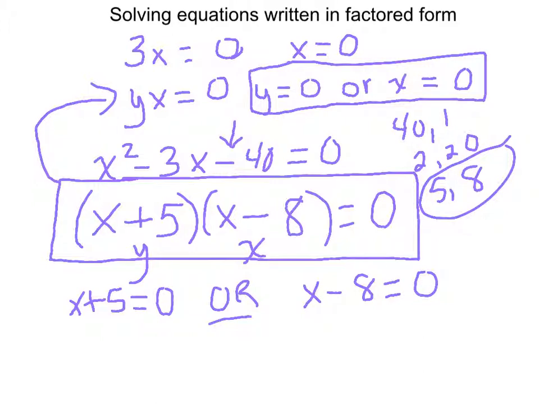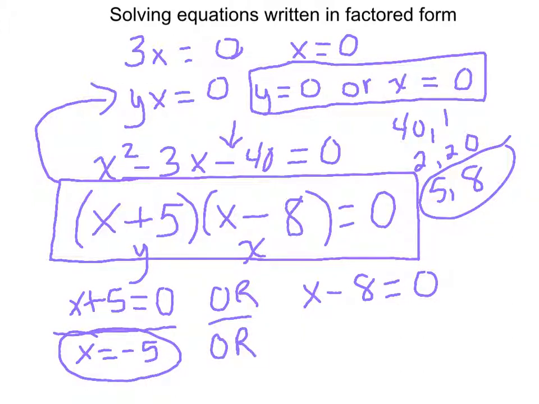So at this point we just say, alright, what values of x make this go to 0? Well, if x equals negative 5, that will be 0. So that's one of our answers. For this problem, what value of x will make this be 0? I'll add 8 to both sides. X can also equal 8.